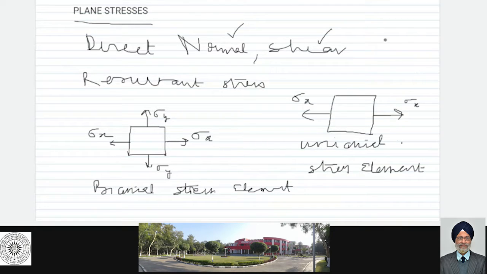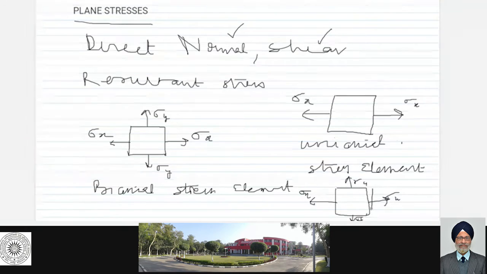So this is a stress element, and we have sigma x in x direction, we have sigma y in y direction, and we also have a shear stress acting like this, complementary shear stress.